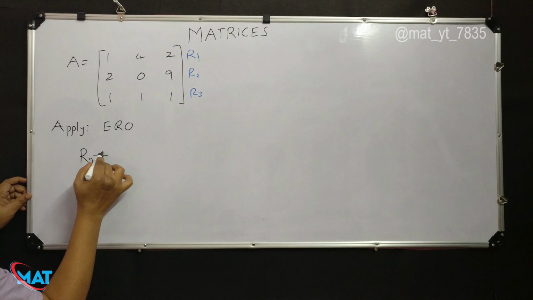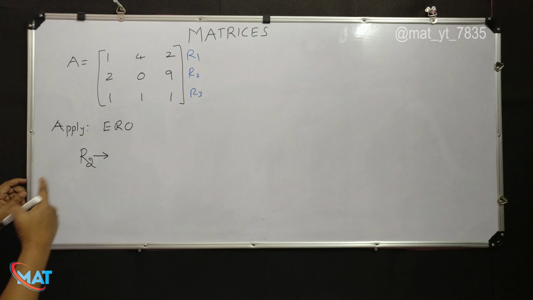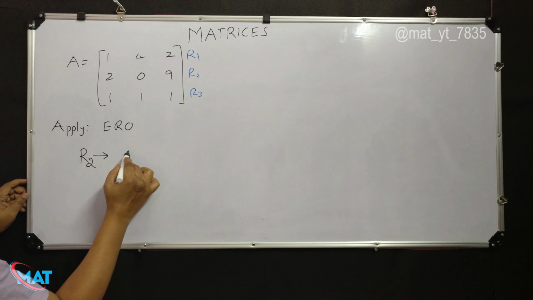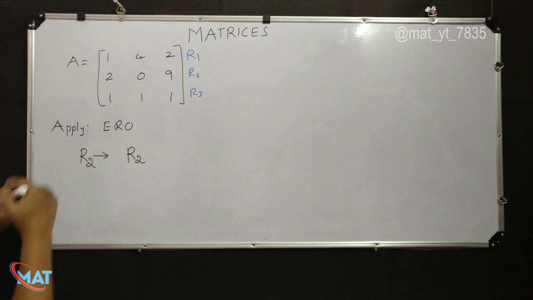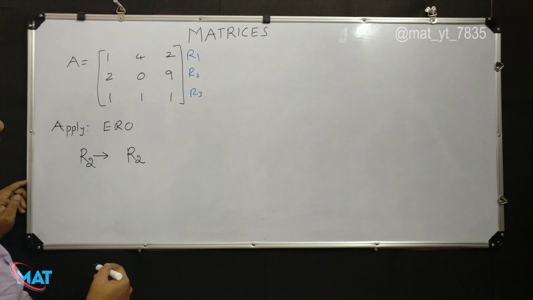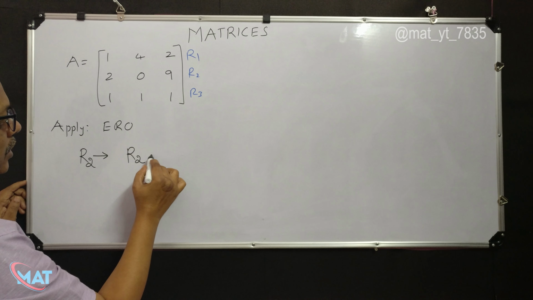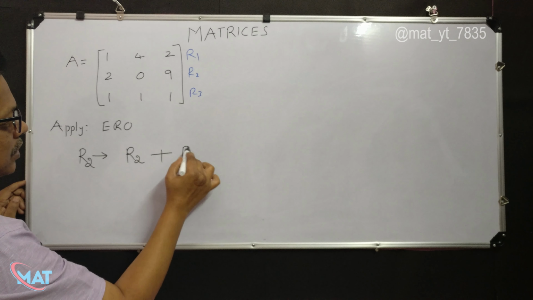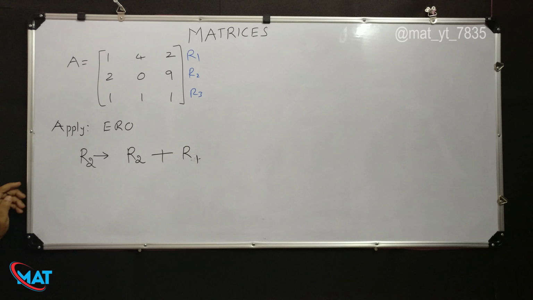So the scheme is that the changing row, let us write R2, must be there. And one more row we have to take, either row 1 or R3, of your choice. I'll take R1. R2 plus R1.